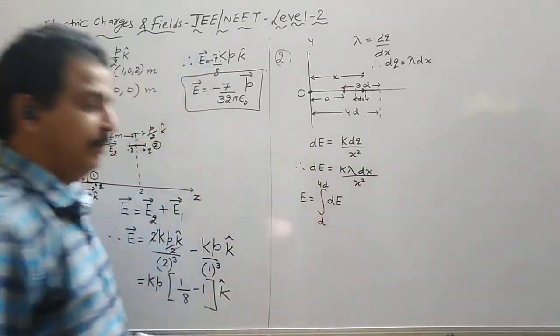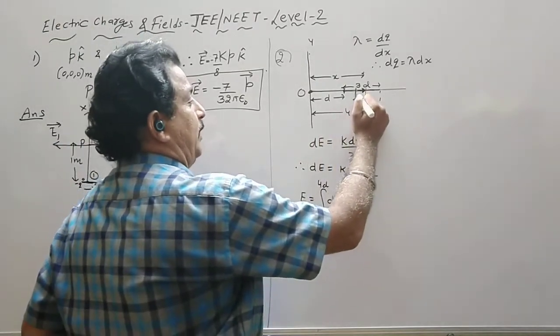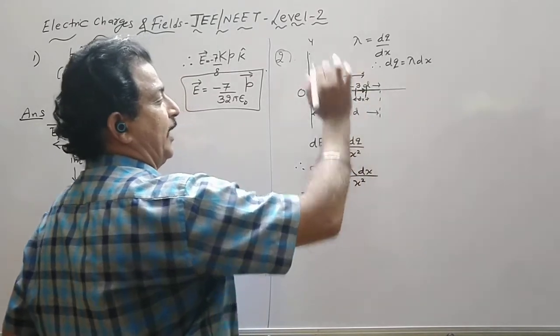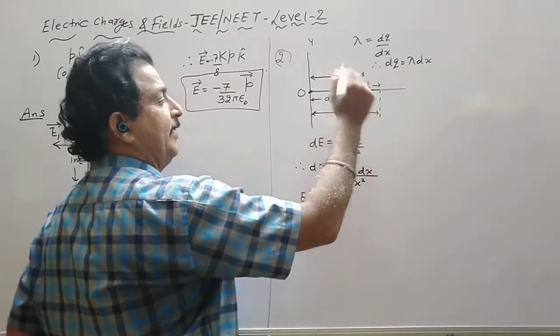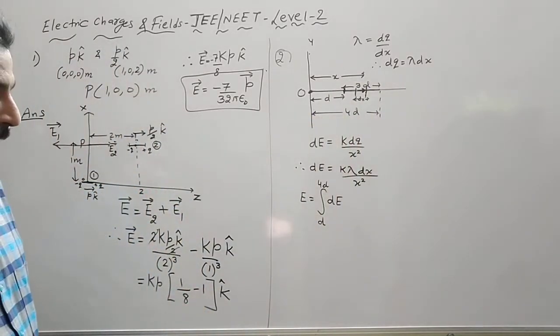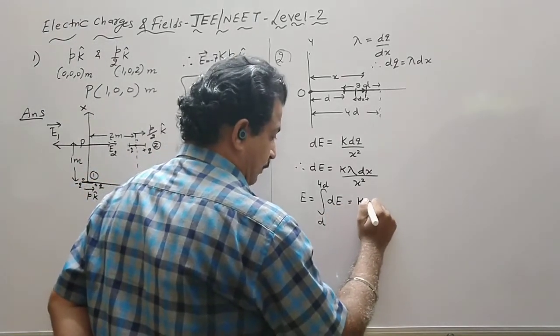So the limits become d to 4d. The limits play an important role, otherwise the sum is simple.